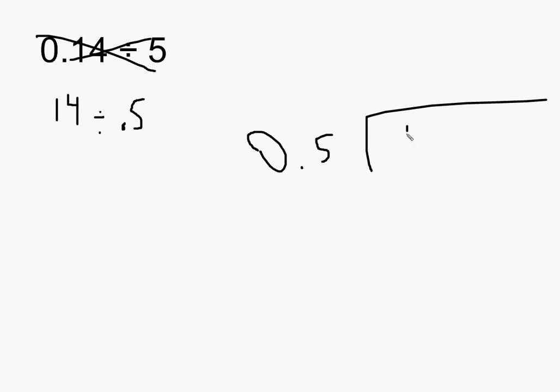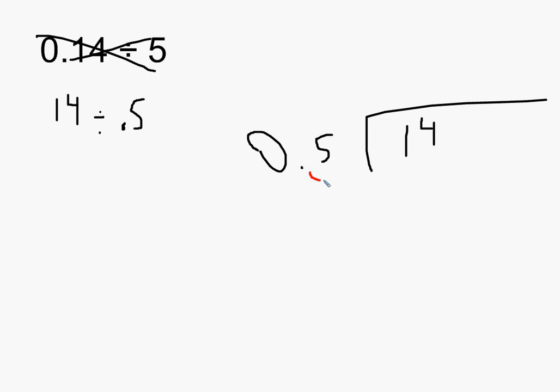And our last example, no, that's not what I meant to do. I meant to do 14 divided by 0.5. That's what I meant to do. So I have 0.5 as my divisor, and then 14 is my dividend.